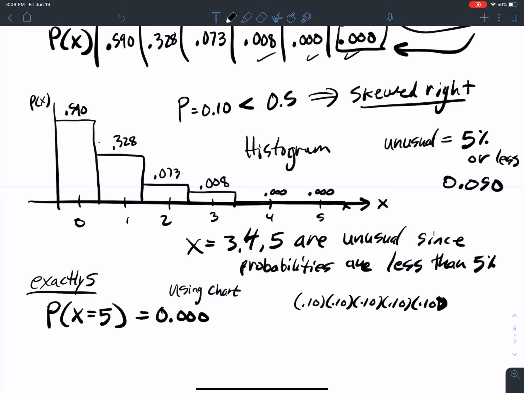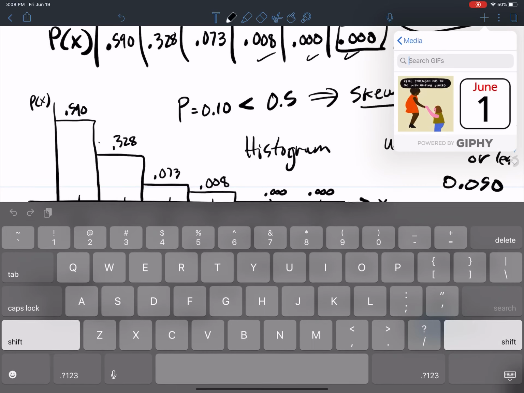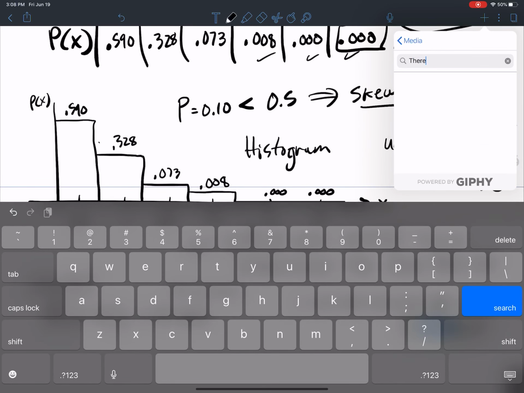And when I multiply that together, that gets me 0.00001, okay? Which is on 3 decimals is 0, okay? But technically, we're saying there's a chance, all right?